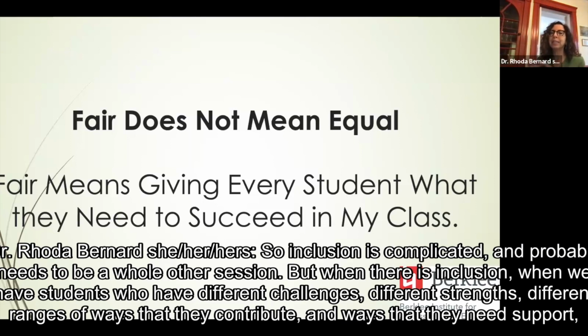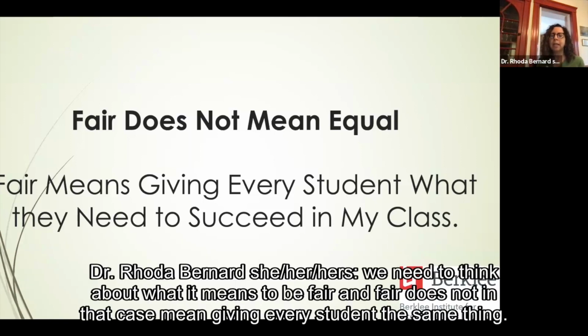But when there is inclusion, when we have students who have different challenges, different strengths, different ranges of ways that they contribute and ways that they need support, we need to think about what it means to be fair. And fair does not, in that case, mean giving every student the same thing.